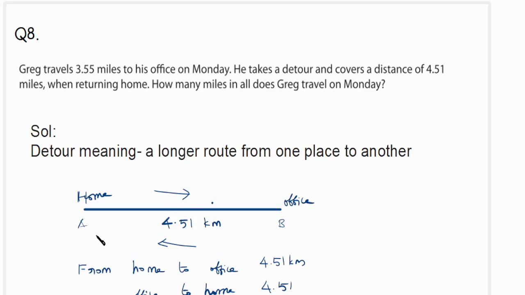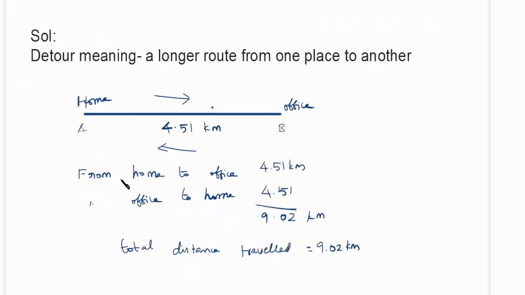Now, as per our sum, he started from home, reached the office, and traveled 4.51 kilometers on Monday. After that he returned from the office to home. So for the two-way travel, 4.51 plus 4.51 kilometers: from home to office 4.51 kilometers and office to home also 4.51 kilometers.